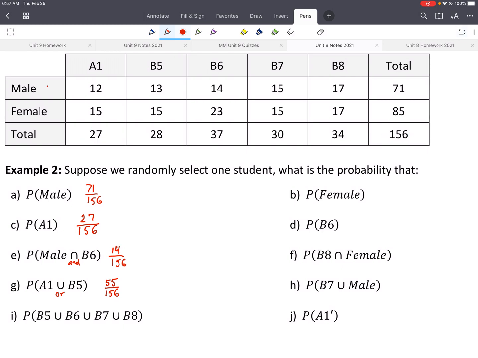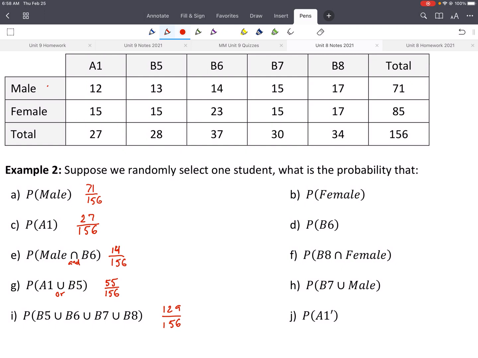Let me just get my calculator out. 156 minus 27, and either way, you'll end up getting 129. So I have 129 students in my B classes out of 156 total.